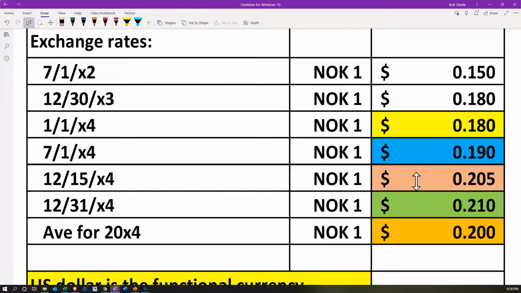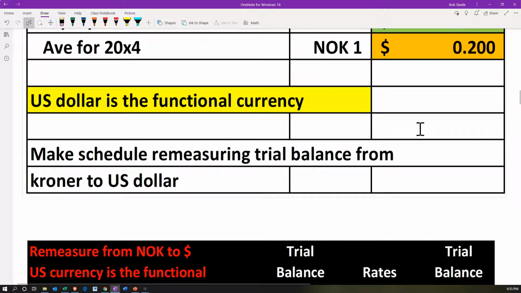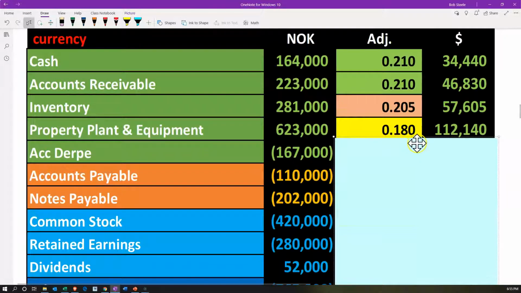All the property, plant, and equipment was purchased prior to the parent purchasing the subsidiary. Therefore, we're going to use the date that the parent purchased the subsidiary, which was 11x4. That's going to be the 0.18, so the 0.18 for the property, plant, and equipment.